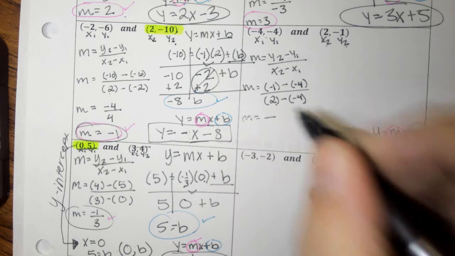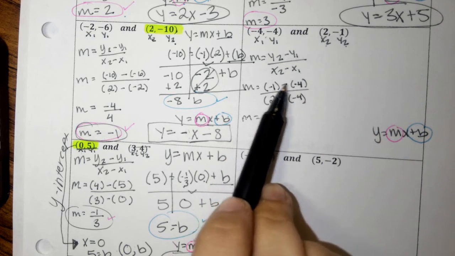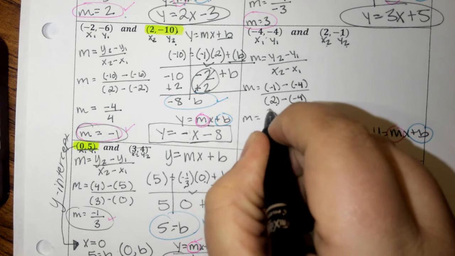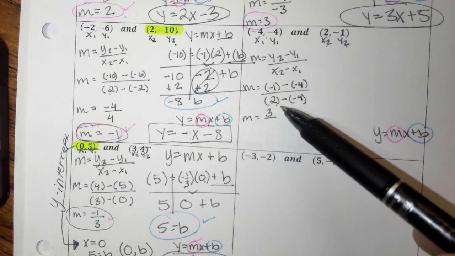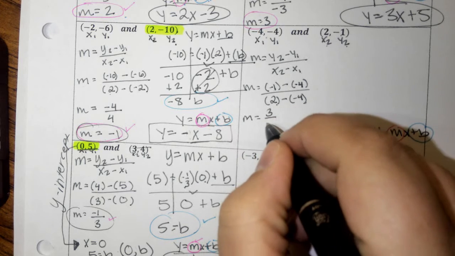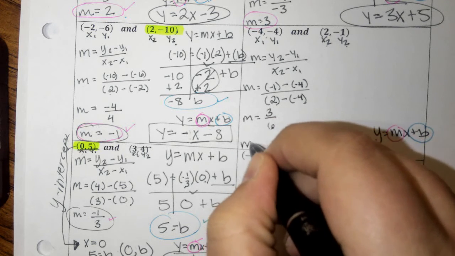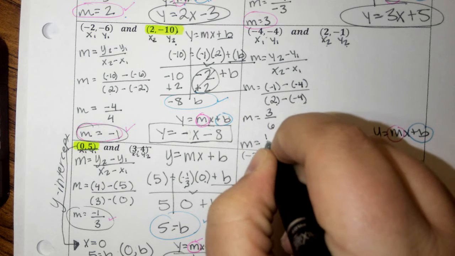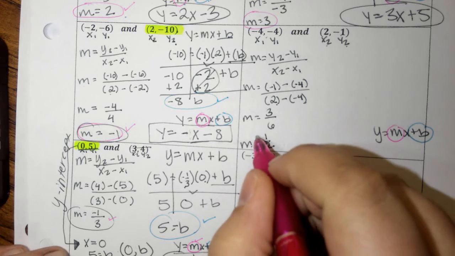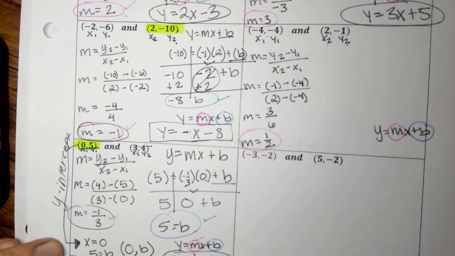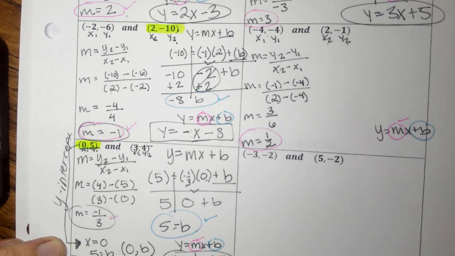The subtraction for the numerator is negative 1 minus negative 4, which is positive 3. The subtraction on the bottom is 2 minus negative 4, which is 6. And 3 over 6 reduces to 1 over 2. Now we know that the slope is negative 1 over 2, so we know m.